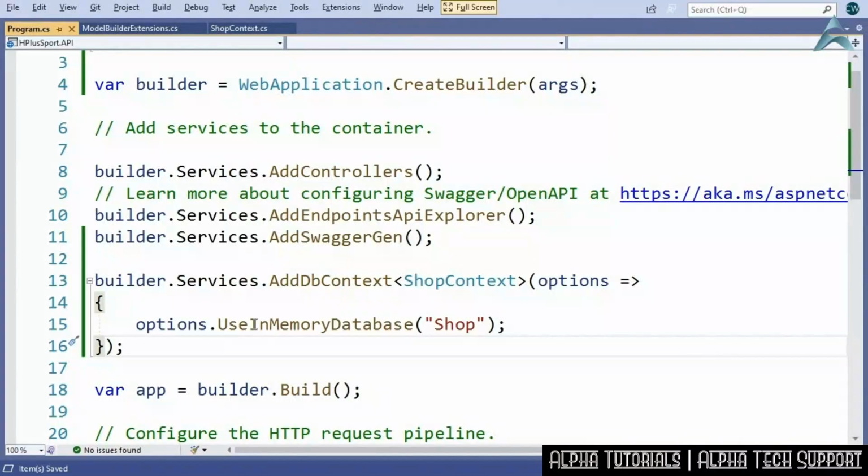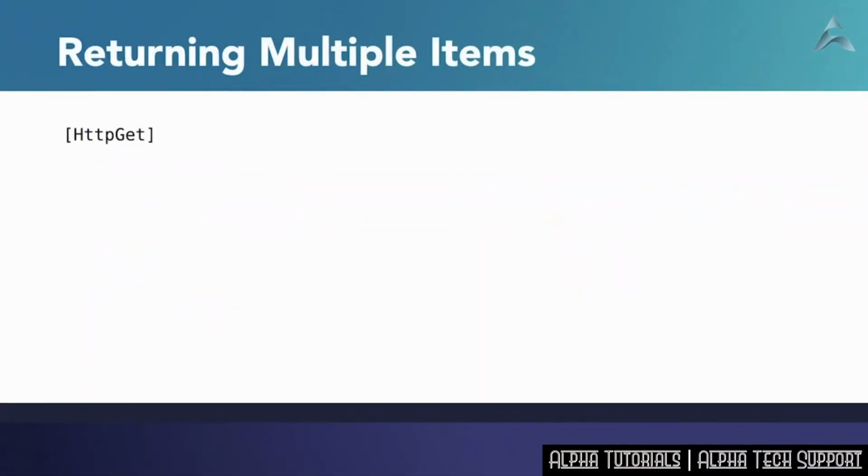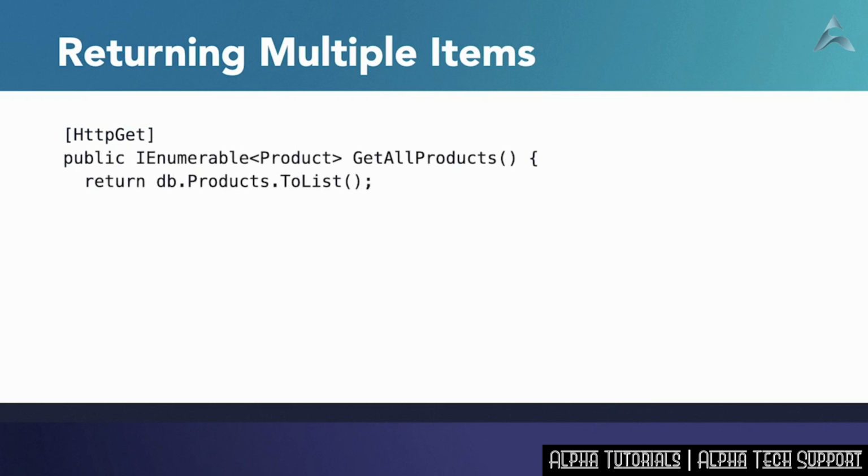It's now time to create our first real API endpoint, one that returns several items. For instance, all of the categories we have in our system or all of the products we have in our system. There are different approaches how to achieve that, and the first one that I think is the most intuitive one is this. We have a method which is responsible for HTTP GET requests.